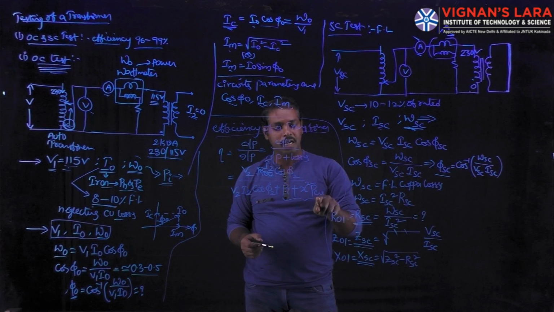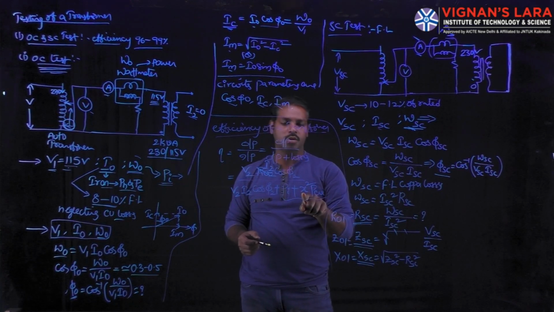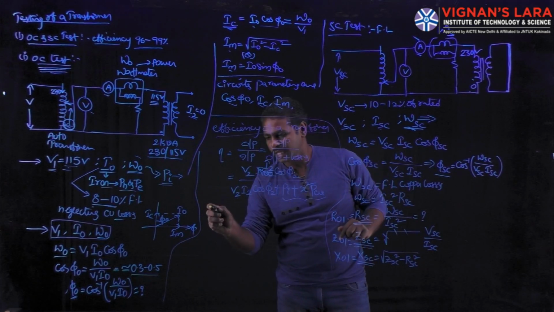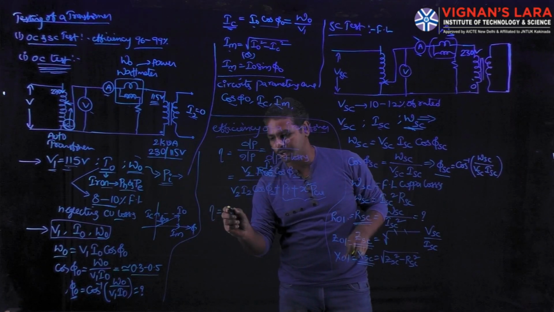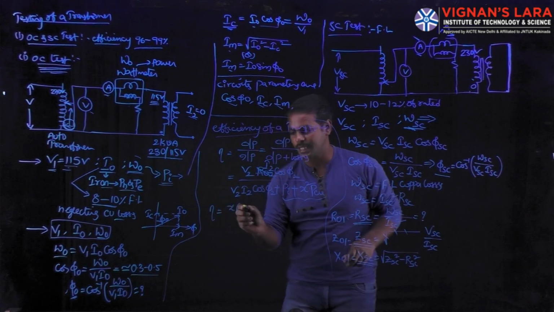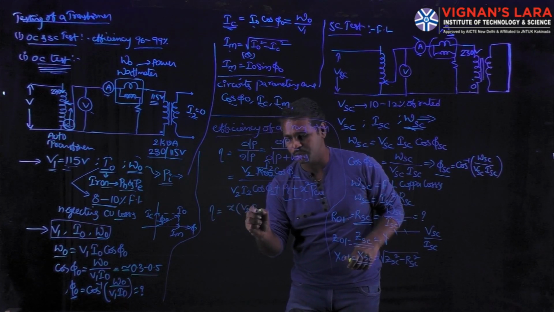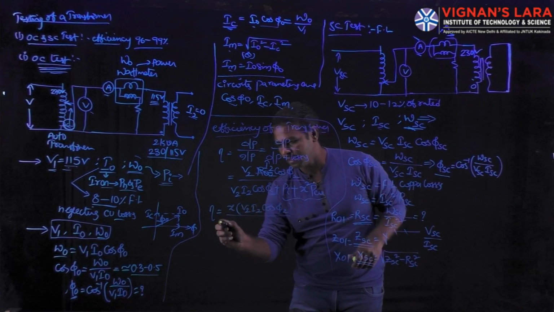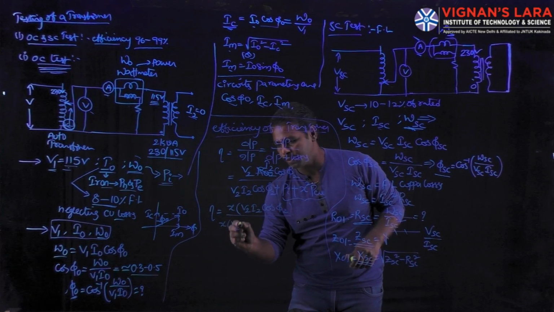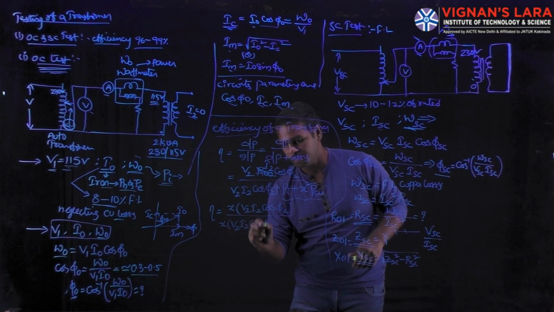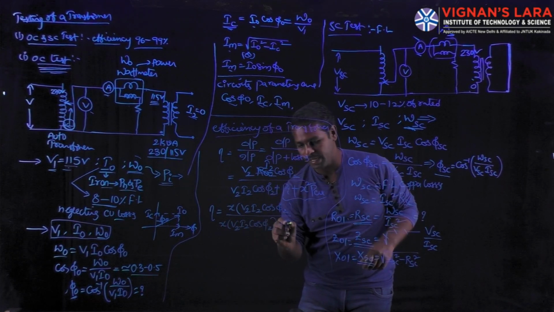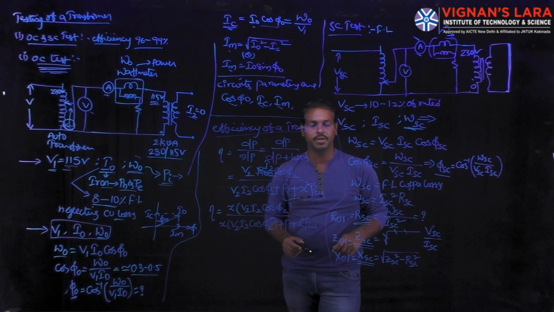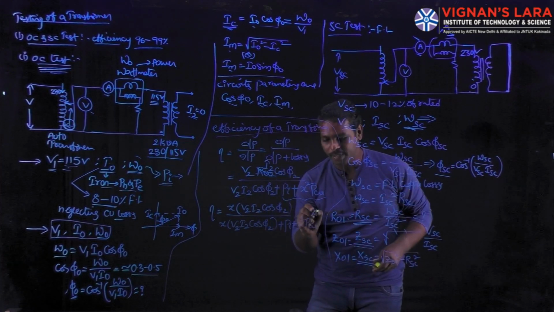But copper losses always depend on the operating load on the transformer. The actual efficiency of a transformer is equal to x into V2 I2 cos phi 2 divided by x into V2 I2 cos phi 2 plus Pi plus x square into PCU, multiplied with 100.